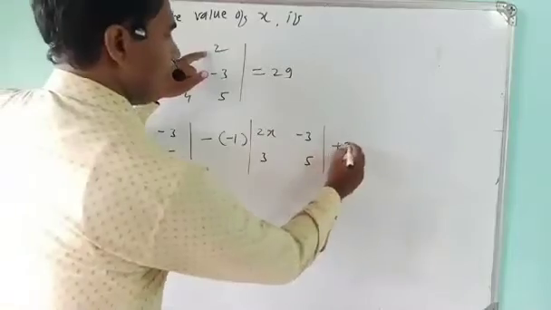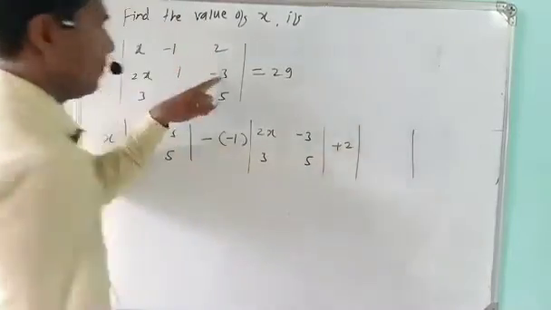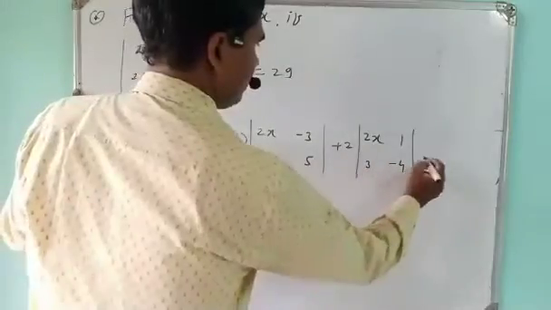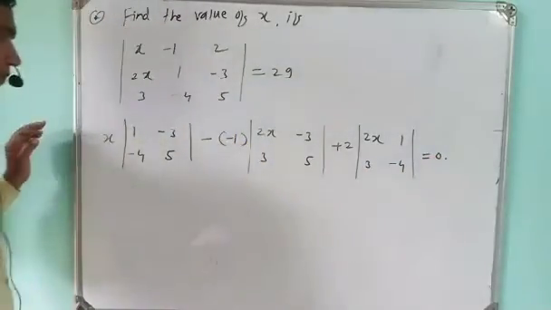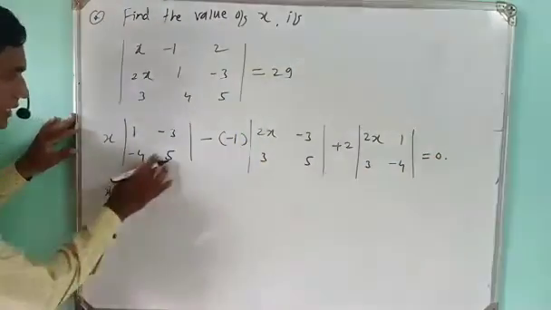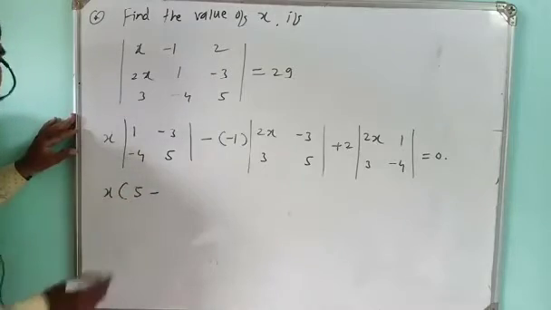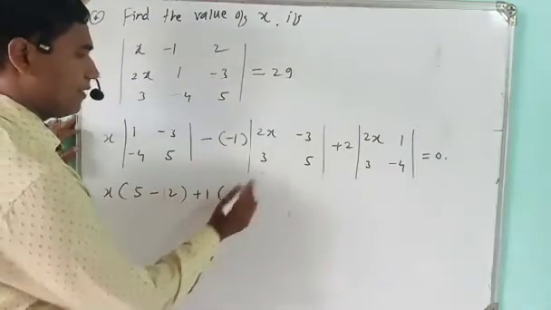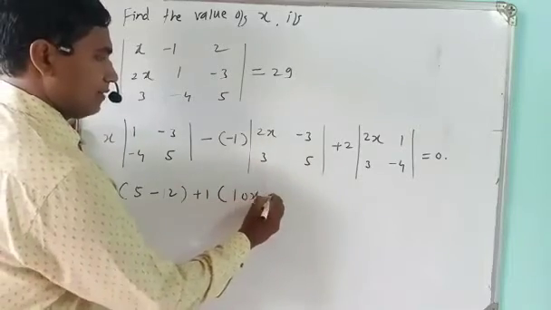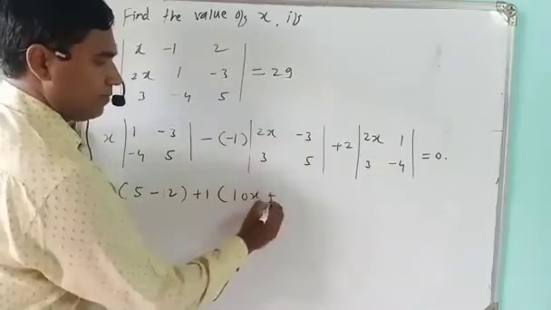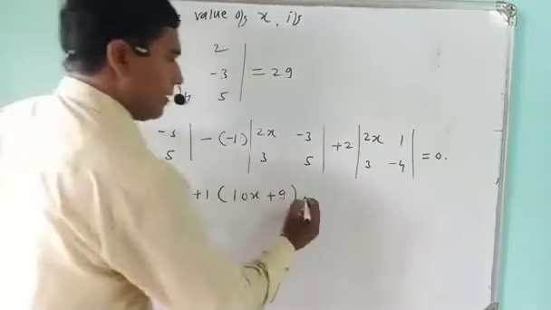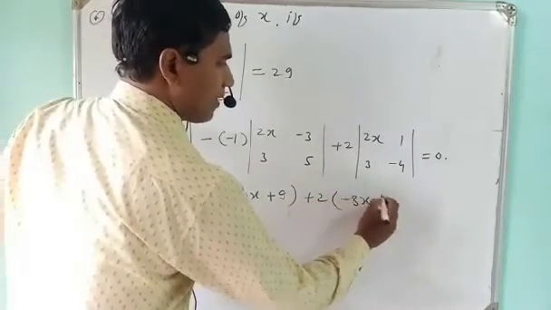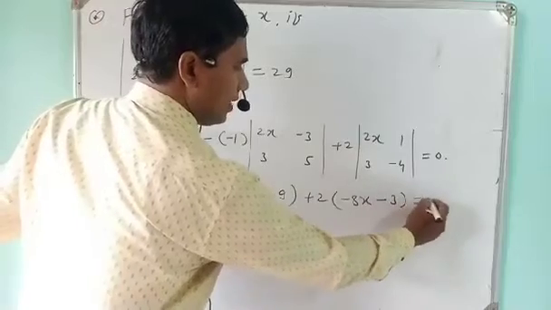Third element plus 2, again. 2x, 1, 3, minus 4 equal to 0. So let's solve it. X times 5 minus 12, with minus 1 becoming plus 12. Minus becomes plus 1. 10x minus 3 into 3 minus 9 becomes plus 9, plus 2, then minus 4 into 2 minus 8x, with the minus 3 equal to 0.